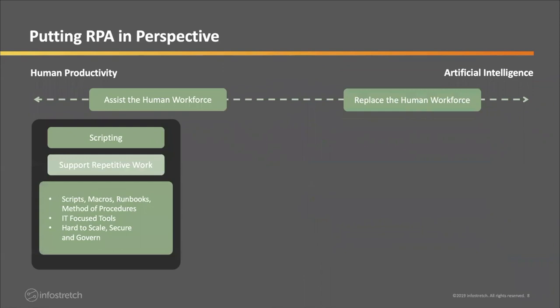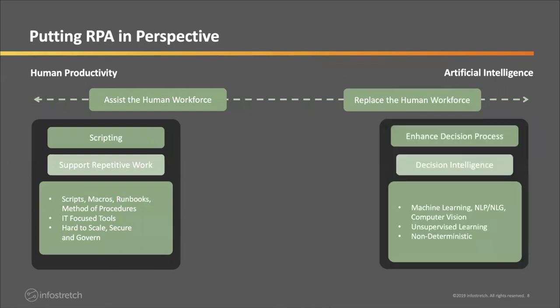And mostly it was managed and maintained by the IT organizations in your organization. And it was hard to scale, difficult to govern, difficult to secure. Many parties are involved in it. It becomes really difficult to scale from that perspective.